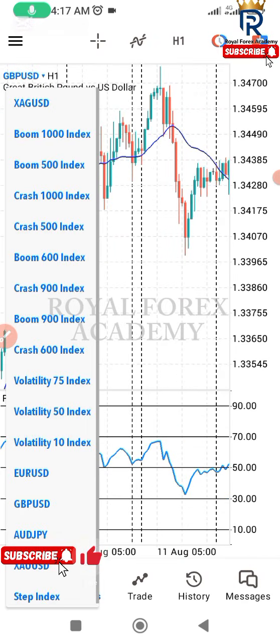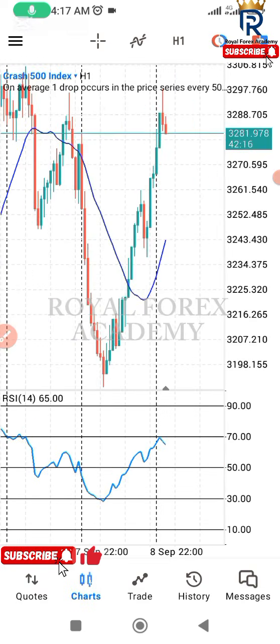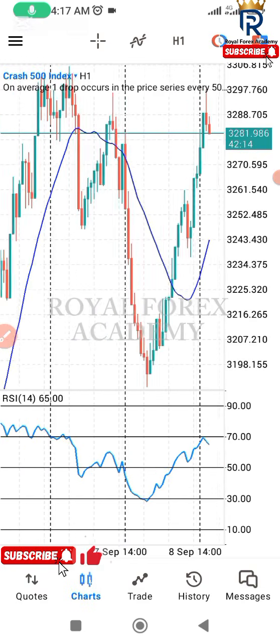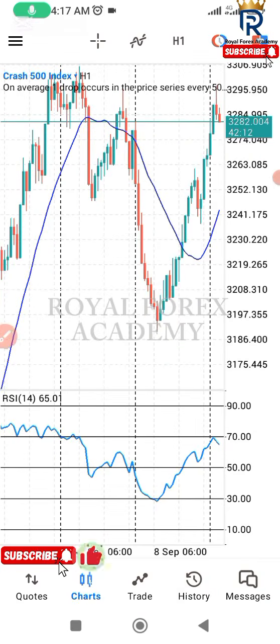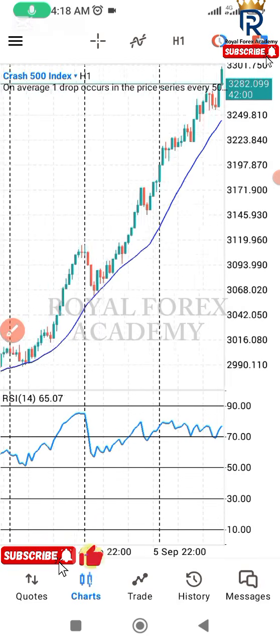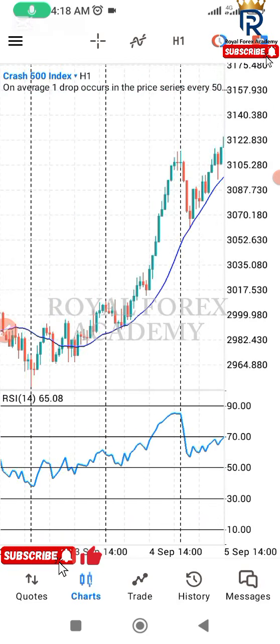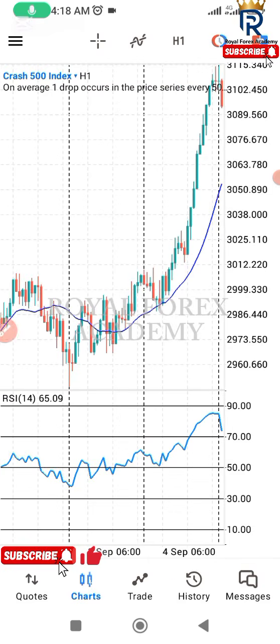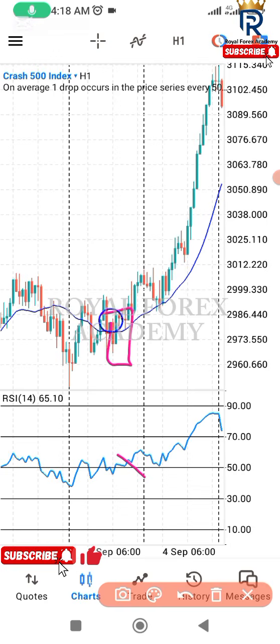So let's look at Boom and Crash. Let's look at Crash 500, and in this case, obviously Crash 500 has been bullish. There's a typical uptrend. So here would have been our entry, bullish engulfing candle.